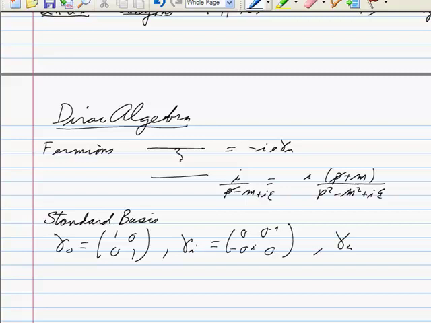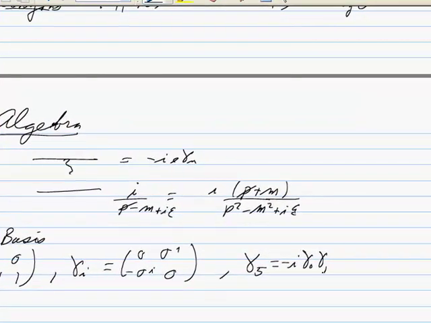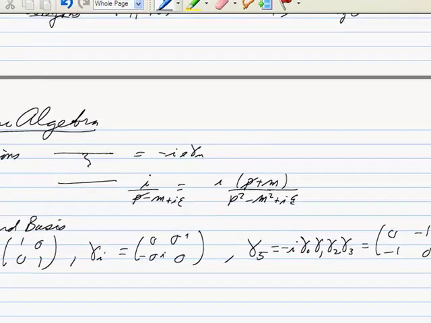And I'll use the convention that gamma 5 is minus i gamma 0 gamma 1 gamma 2 gamma 3, which converts it into (0, 1; 1, 0). Many other people use the convention where this is plus 1, but then you have a lot of minus signs in your formulas, whereas if you use this one, you end up for much of the weak interactions without extraneous minus signs. You don't have to worry about it.